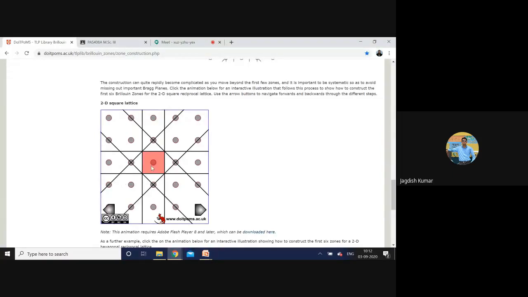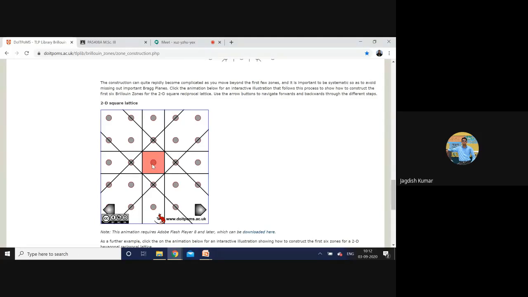One more thing: these perpendicular bisectors are also called Bragg's planes. Why so? We will get to this in the next lecture. So these are called Bragg's planes, and this is your first Brillouin zone. What will be the second Brillouin zone?